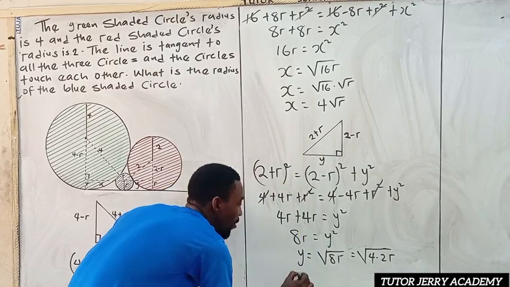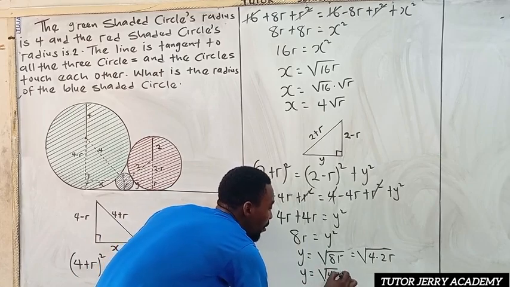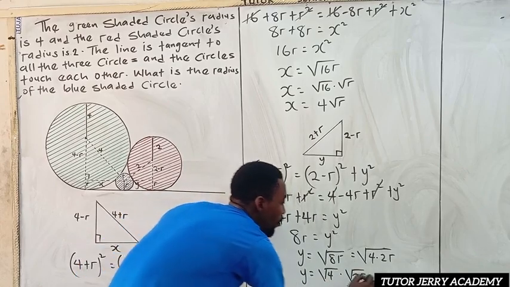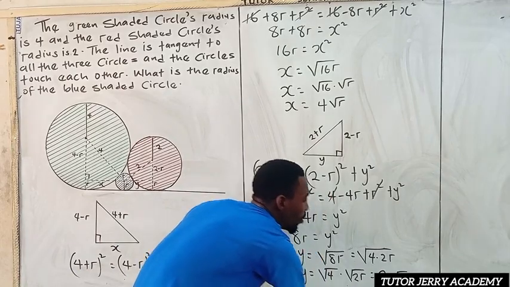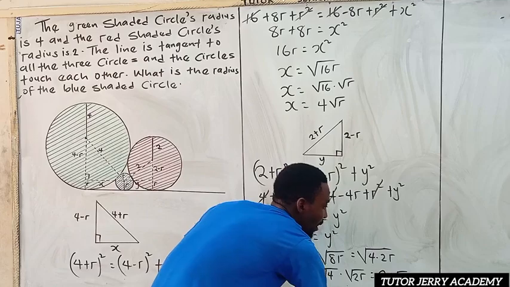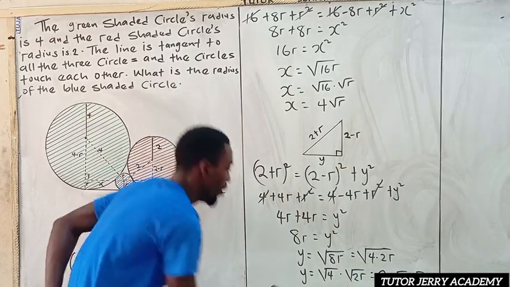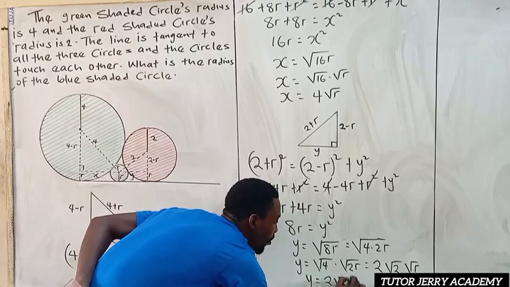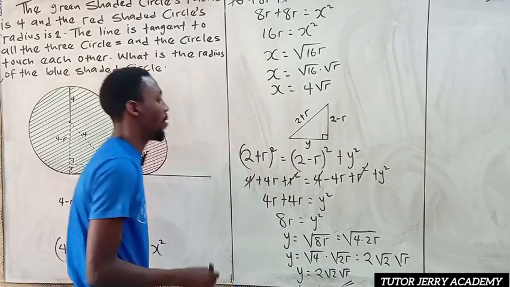So we can decide to split this, that this is going to be root 4 multiplied by root 2r. So root 4 is 2, so this is going to be 2 root 2. Then we can also decide to bring out root r. So let's leave our answer in this form. So it means that y will be equal to 2 root 2 root r. All right. So this is our y.